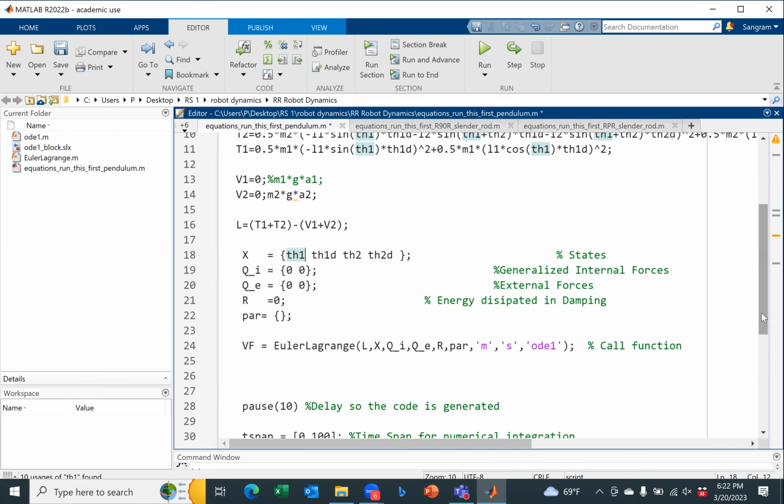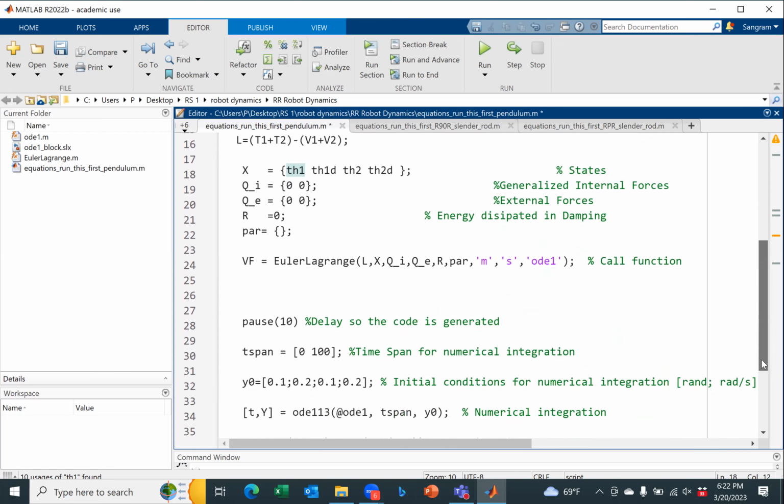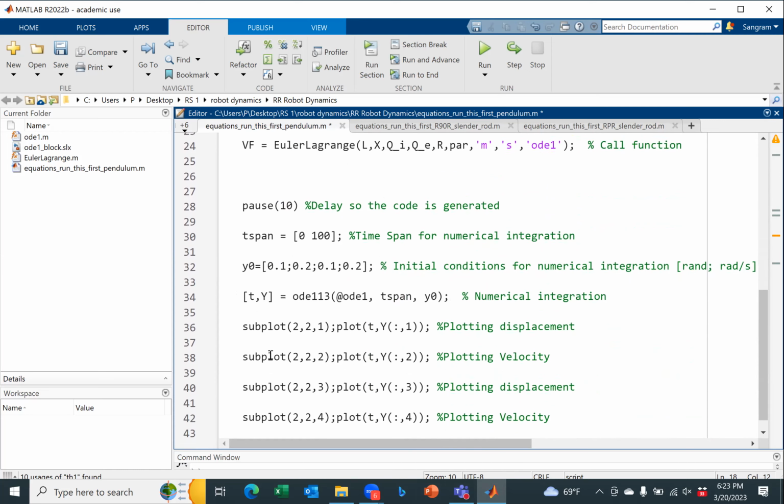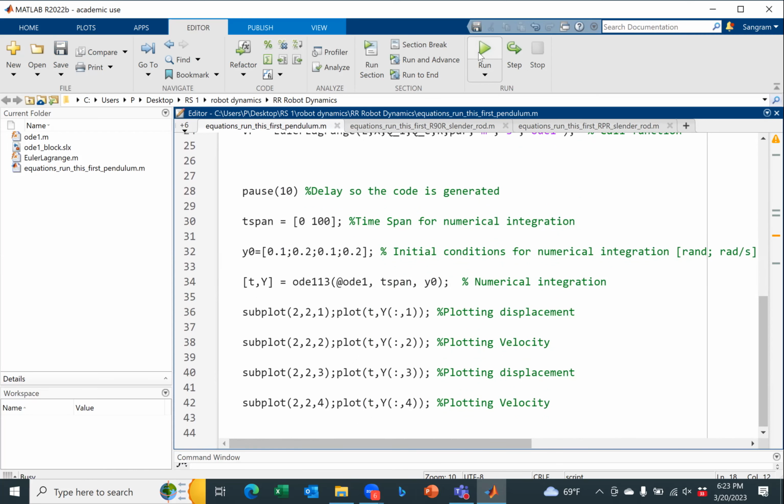So again, use the Euler-Lagrange equation and the code. Since there are four states, theta 1, theta 2, theta 1 dot, theta 2 dot, you need to supply 4 initial conditions, perform the numerical integration, and you'll get the solution.